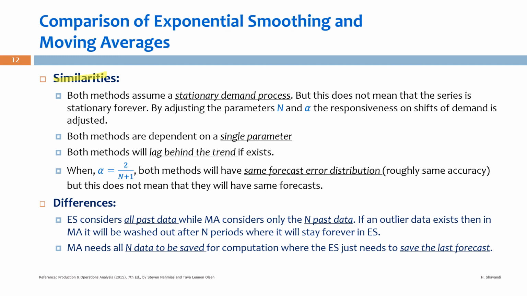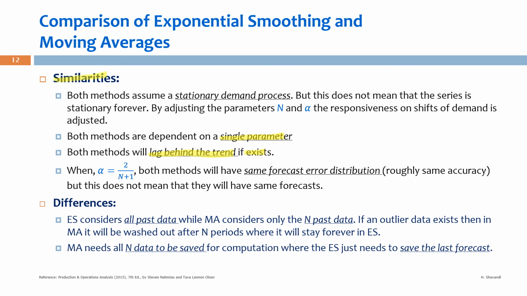Both methods are dependent on a single parameter: moving average depends on n, and exponential smoothing depends on alpha. Both methods will lag behind the trend if it exists. These two methods are appropriate for a stationary time series, not for a trend time series.